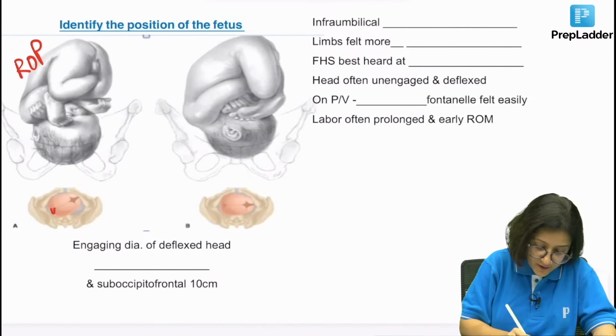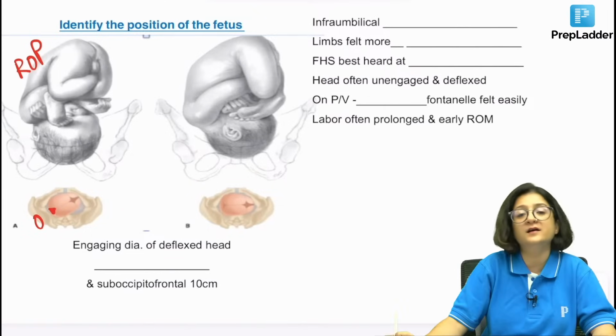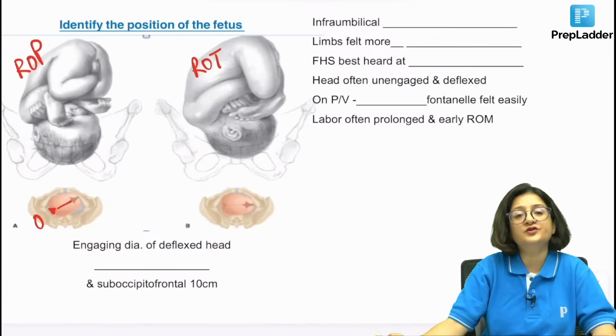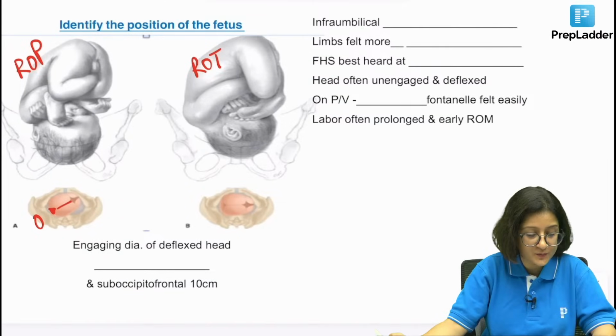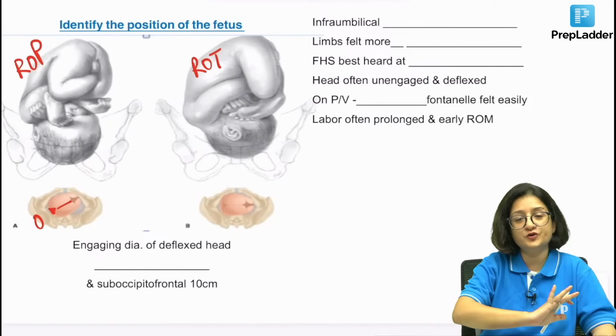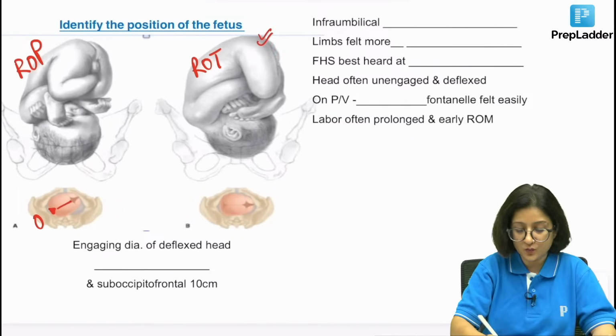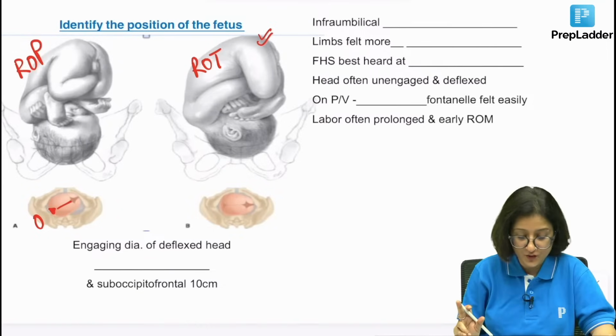Can you see here, occiput is directed posteriorly and sagittal suture is obliquely placed. And here it is right occipito-transverse. So on the left is right occipito-posterior, and on the right this one is right occipito-transverse.